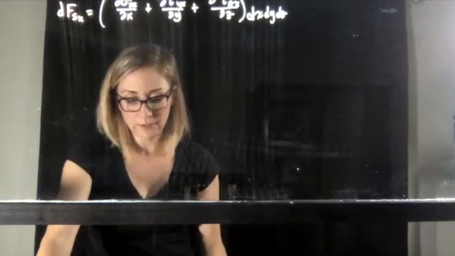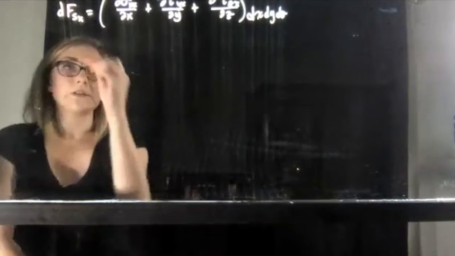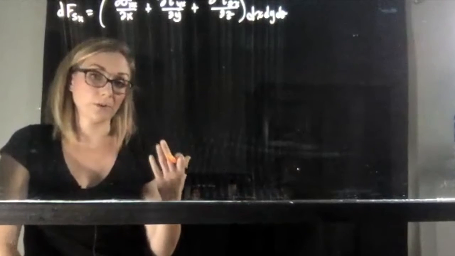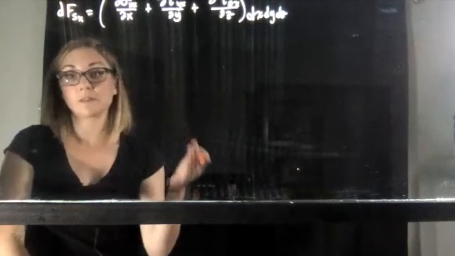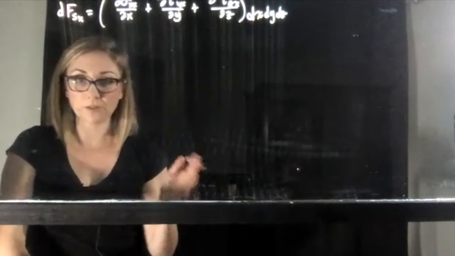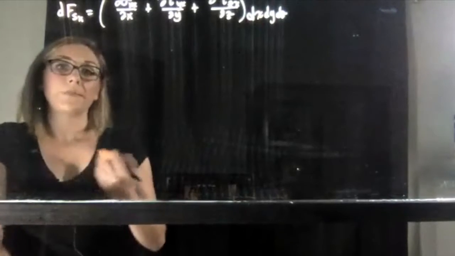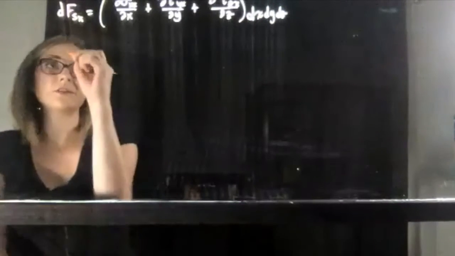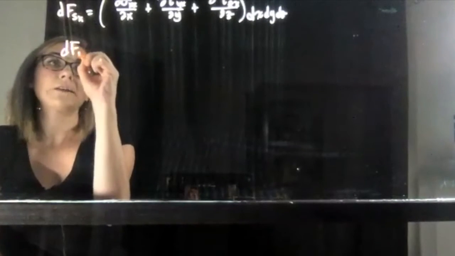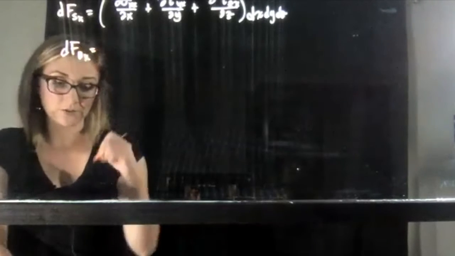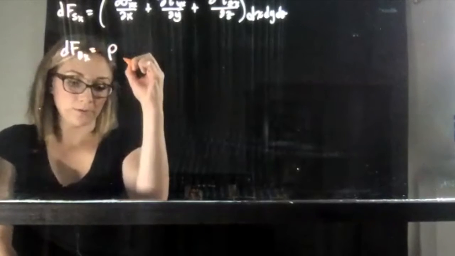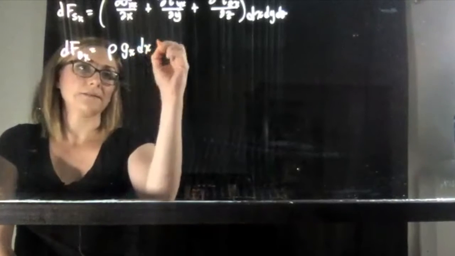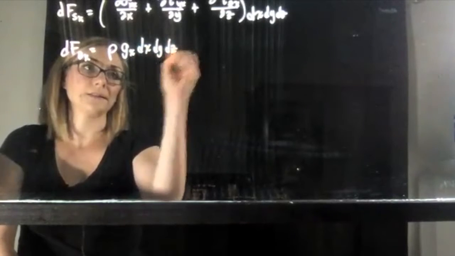So it's also worth noting here that we oftentimes look at the body force as well. So our forces is the sum of the surface forces and the body forces. You'll remember this from integral analysis. The body forces are considerably easier in terms of this derivation. So the body force in the x direction is just simply rho times gravity in the x direction, dx, dy, dz.